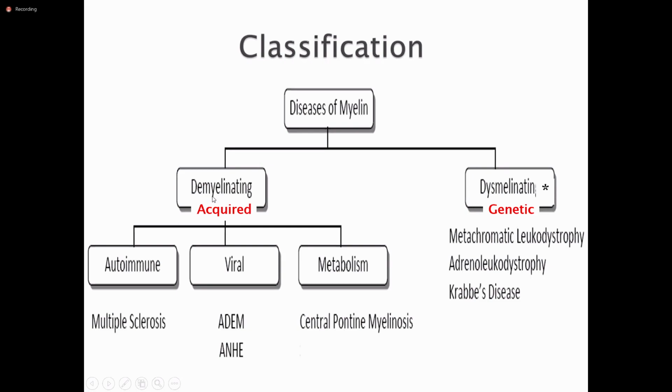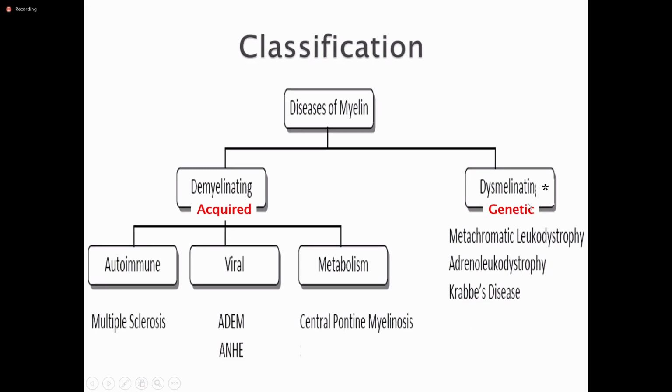Classification: we divide them into demyelinating and dysmyelinating. Demyelinating diseases are usually acquired; the myelin is originally normal, but a disease leads to loss of the myelin. These include autoimmune diseases, multiple sclerosis, viral ADEM and ANHE, which we will discuss in detail, and metabolic causes like central pontine myelinolysis, which we will also discuss.